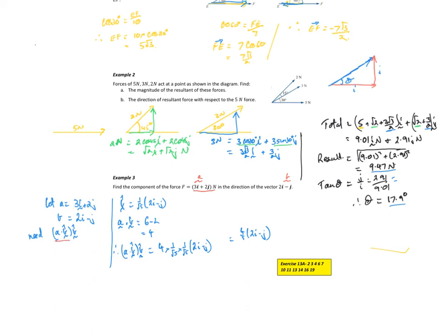So what we're looking for is (A dot B hat) B hat, where A is 3i plus 2j and B is 2i minus j. If we work out B hat, work out A dot B, then (A dot B hat) B hat will give me 4 on 5 (2i minus j). Then if we want to know the magnitude of the force acting in that direction, we take the magnitude of that vector and apply the vector knowledge that we have. Okay.